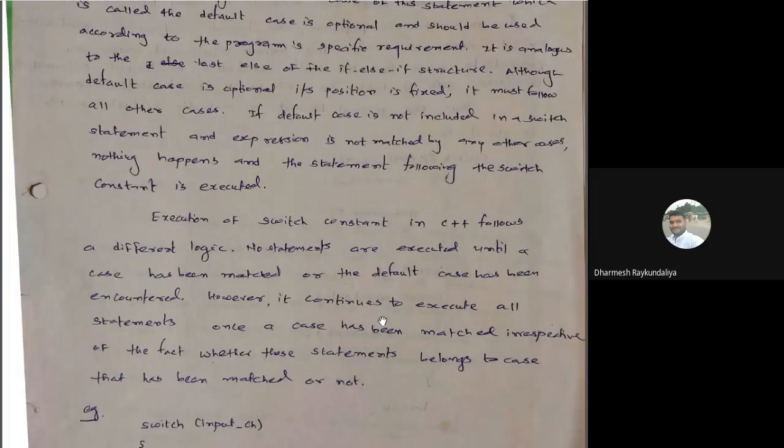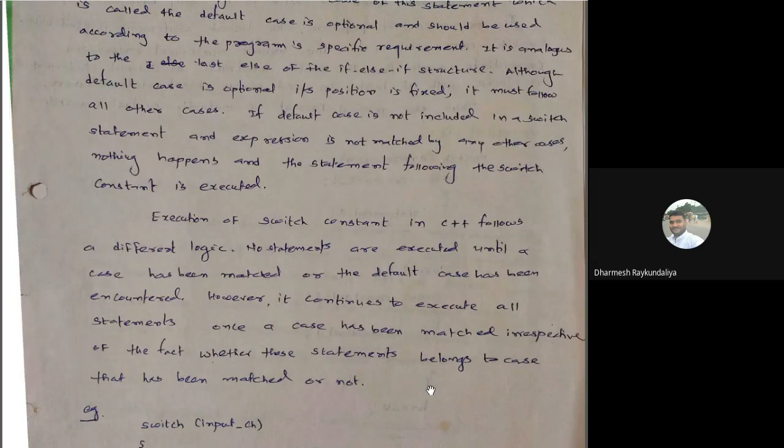However, it continues to execute all the statements once a case has been matched, irrespective of whether those statements belong to the case that has been matched or not. So this is the demerit.